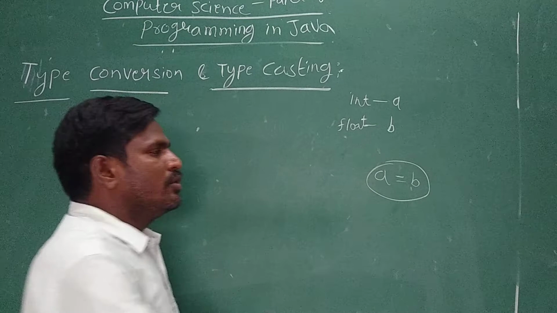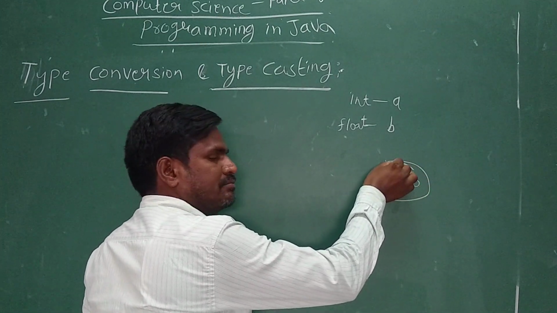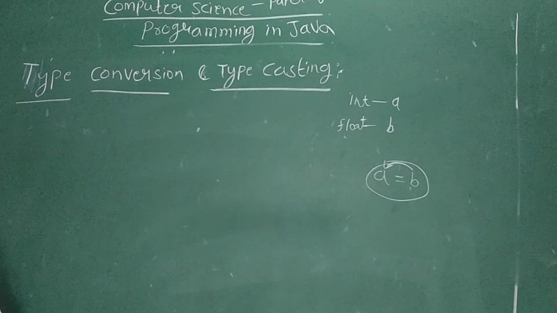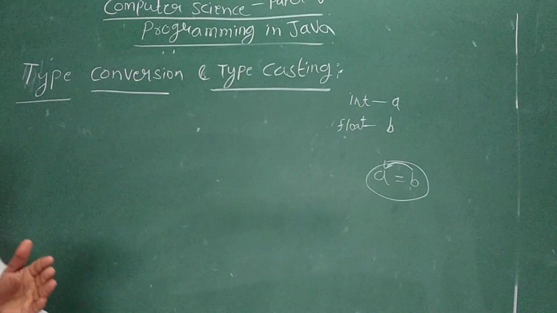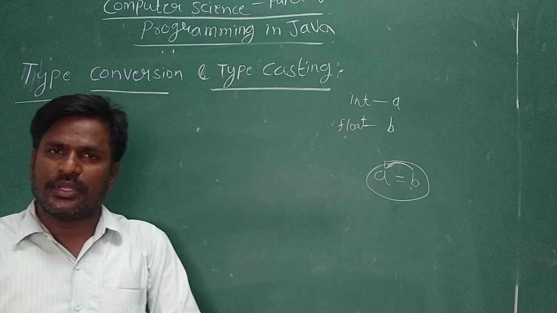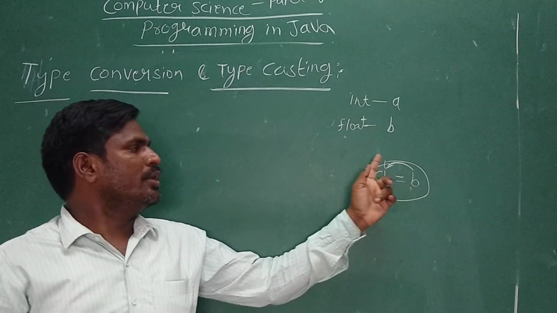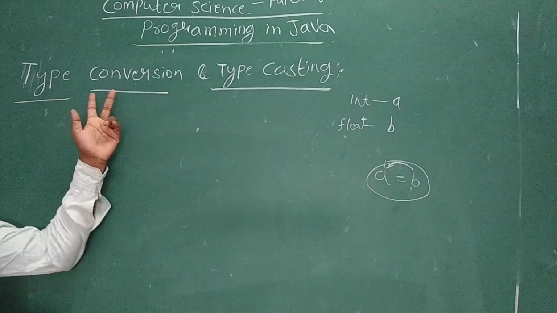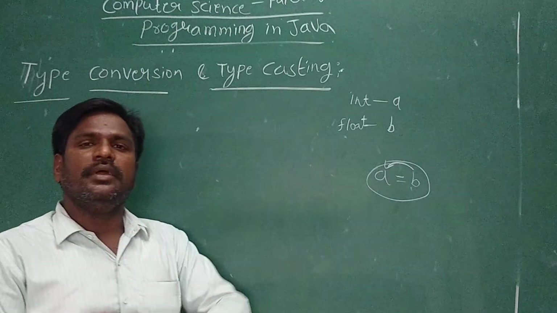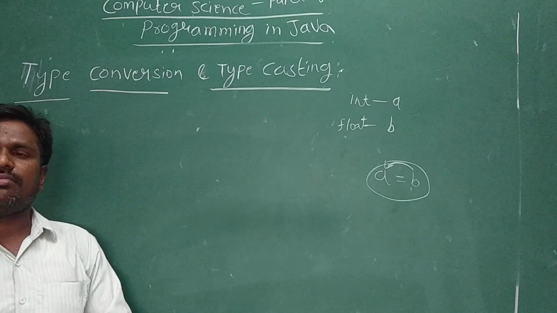We are converting the float data type into the data type of A. So this concept is called type conversion. That means converting one data type into another data type is called type conversion.